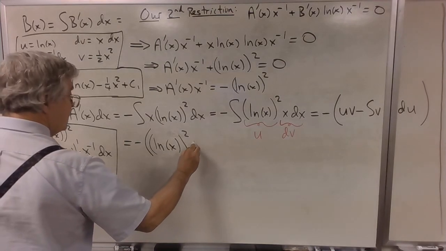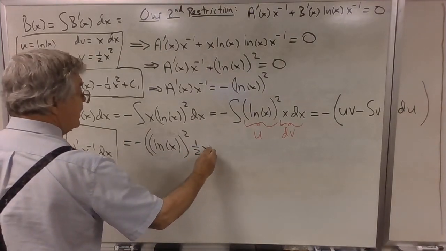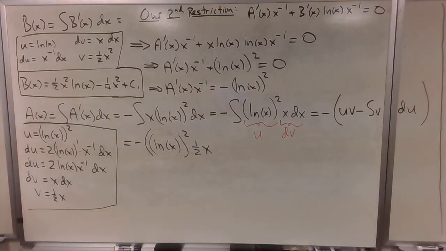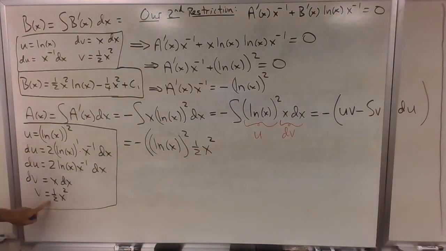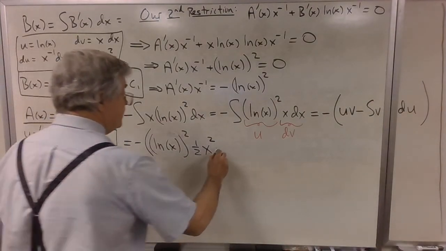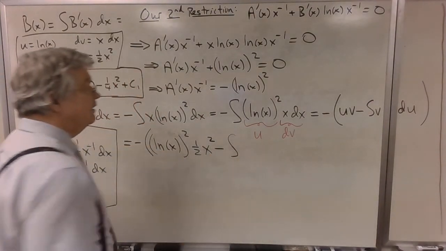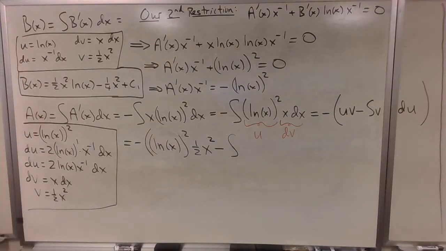v is 1/2 x squared. So uv minus the integral of v du.